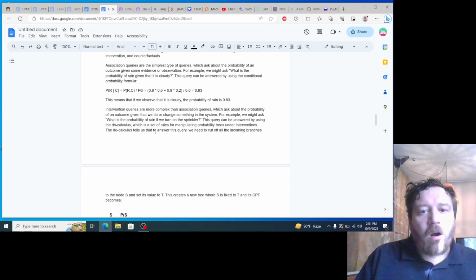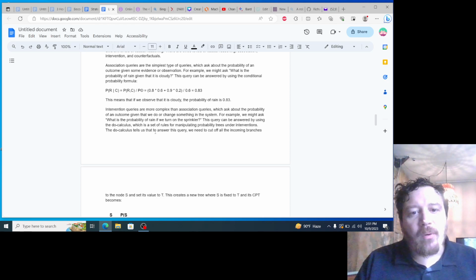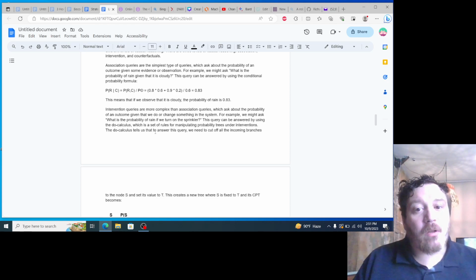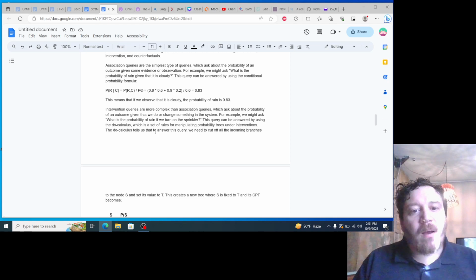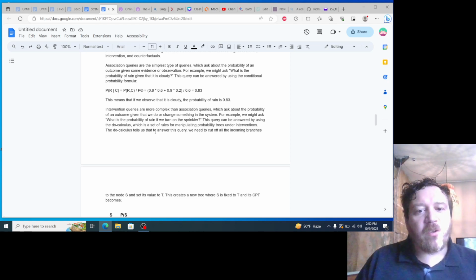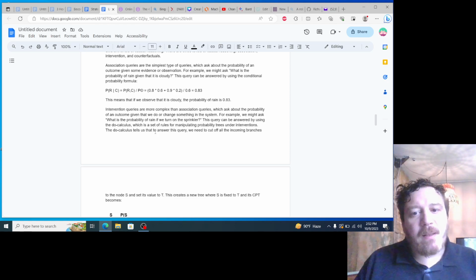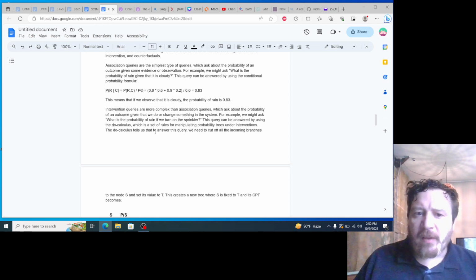Intervention queries are more complex than association queries, which ask about the probability of an outcome given that we do or change something in the system. For example, we might ask, what is the probability of rain if we turn on the sprinkler? This query can be answered by using the do calculus, which is a set of rules for manipulating probability trees under interventions.